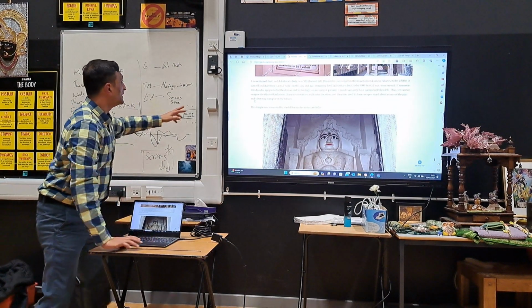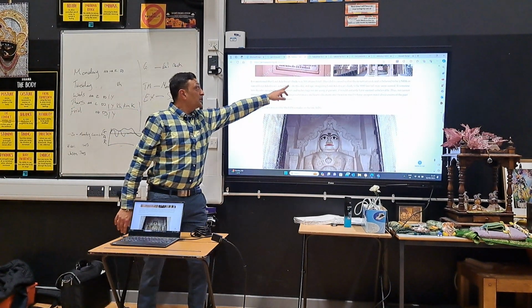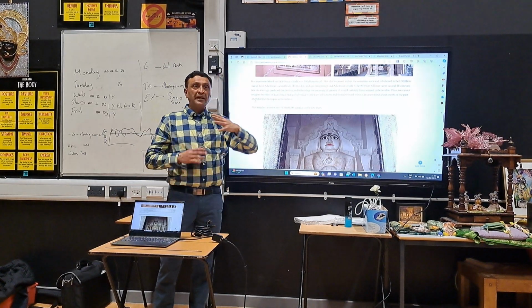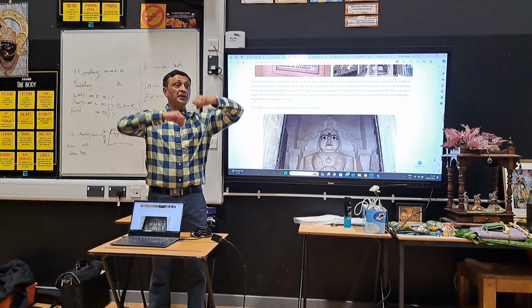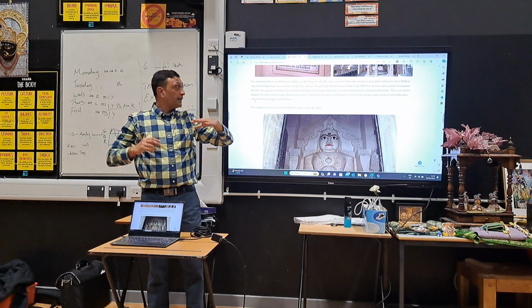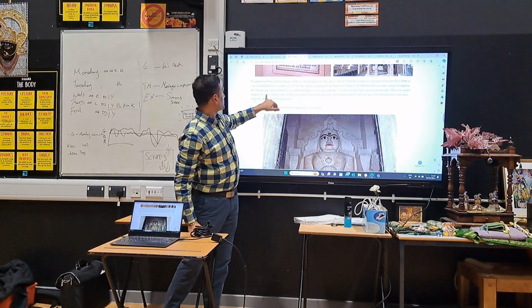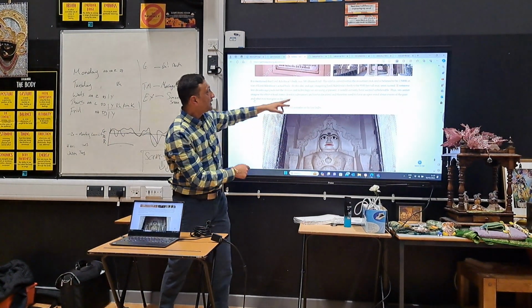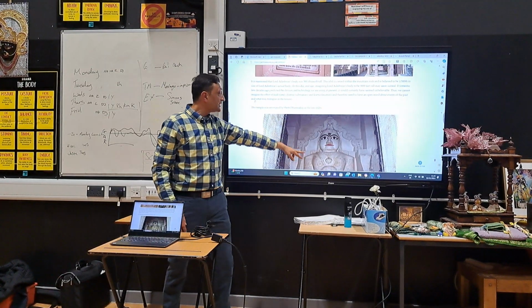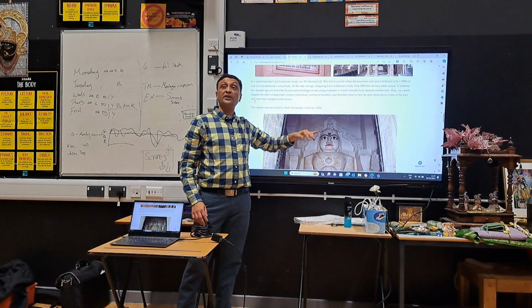It is mentioned that Lord Adeshwar's body was five hundred dhanush. We said earlier that Adeshwar Bhagwan's body was very huge. And this is supposed to be a scale of 1/500 size. Adeshwar Bhagwan was 500 times bigger than this.